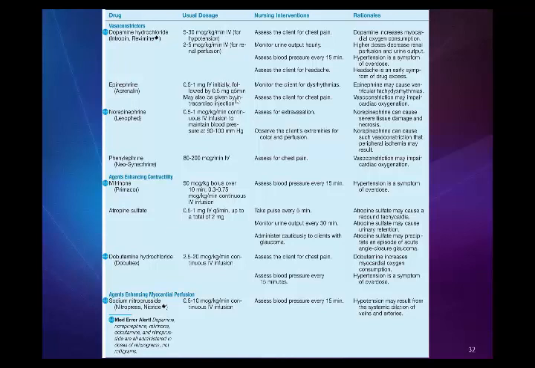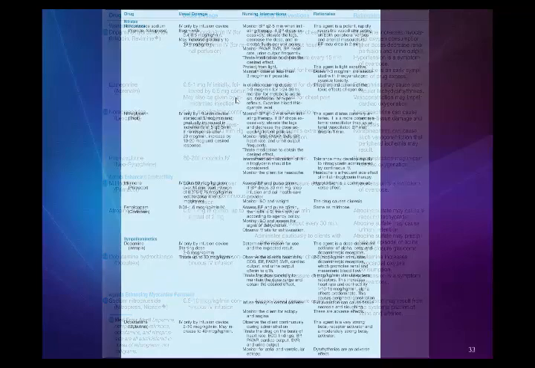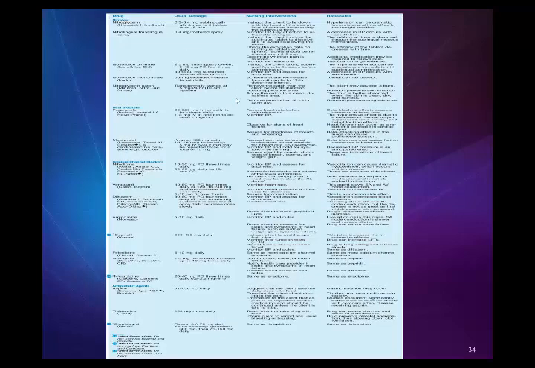Remember, on this list, I ask you to know dopamine, epinephrine, Levophed, dobutamine, and then we just added nitroprusside, just to know that that's a vasodilator. It's going to lower the blood pressure, okay?